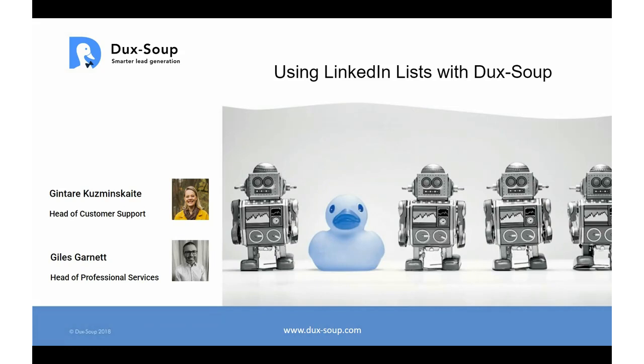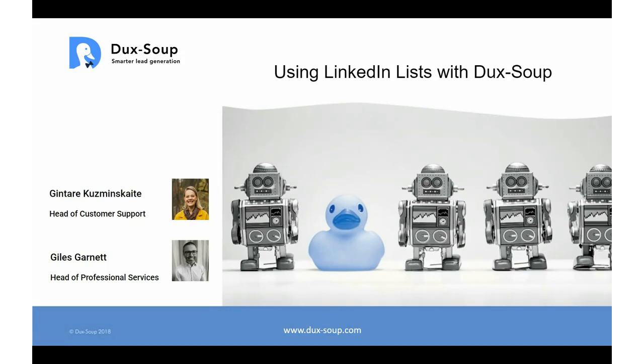So today, I'd like to show you how to access and make use of a very useful function within LinkedIn, what we call the LinkedIn lists. Just very briefly, for those of you that are new to our product, DuckSoup is able to automate your LinkedIn lead generation activities, providing functionality which allows you to auto-engage with your prospects, viewing profiles, endorsing skills, and sending personalized messages.